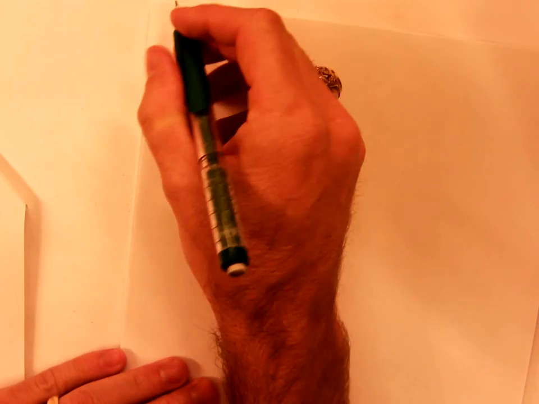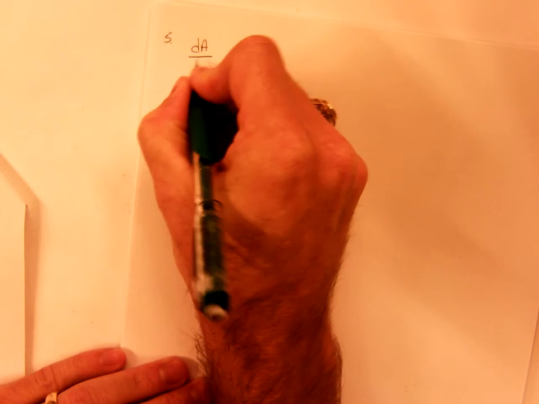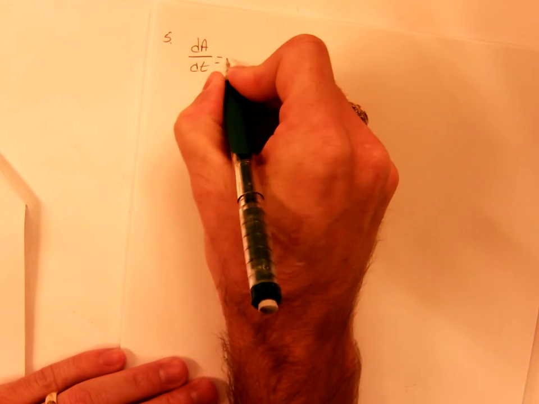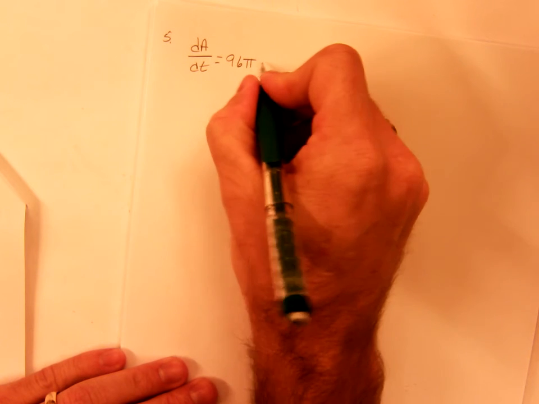Number 5. The area of a circular region is increasing at the rate, so dA/dt, this is number 5, dA/dt increasing at 96 pi square meters per second.